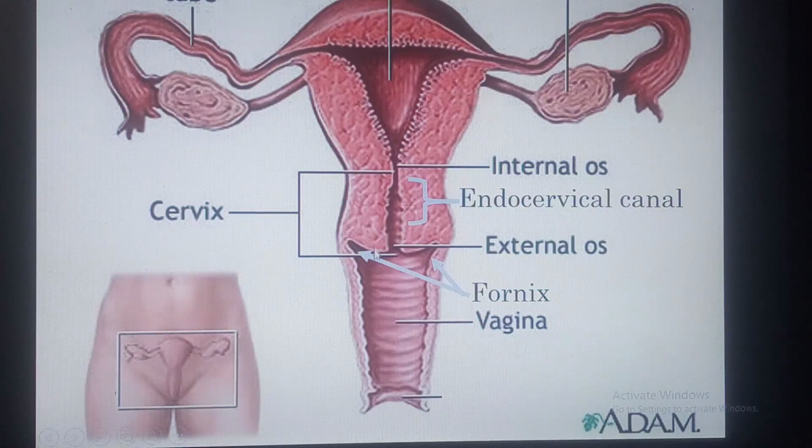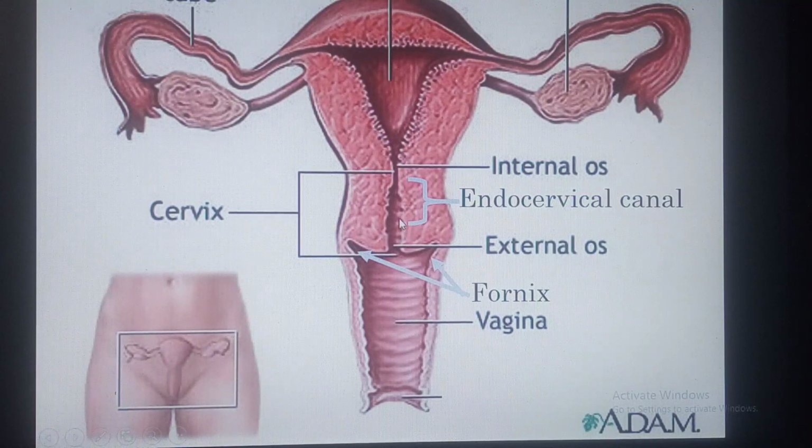Now, the cervix is going to have two parts. We have the part which is related to the vagina, and therefore we call it the ectocervix. Then we have the part which is quite proximal to the uterus, and therefore we call it the endocervix. In between them there is a junction, which we call the transformational zone.